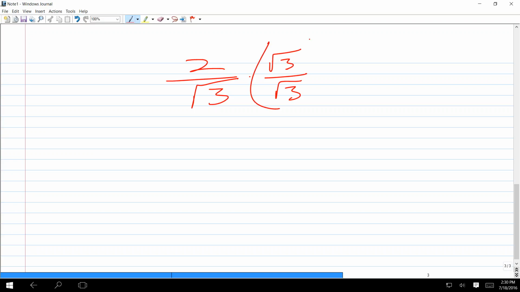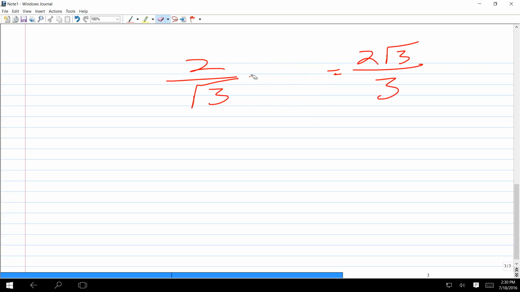And what we're really doing is multiplying by the number 1. You can always multiply a fraction by the number 1 and you don't change its value. What you do get is 2 root 3 in the top, and in the bottom you get 3. Now, this may not look any better than this, but it's a lot better.